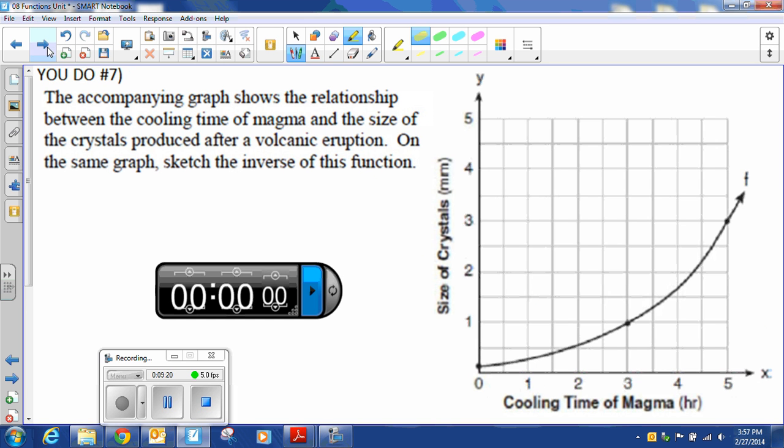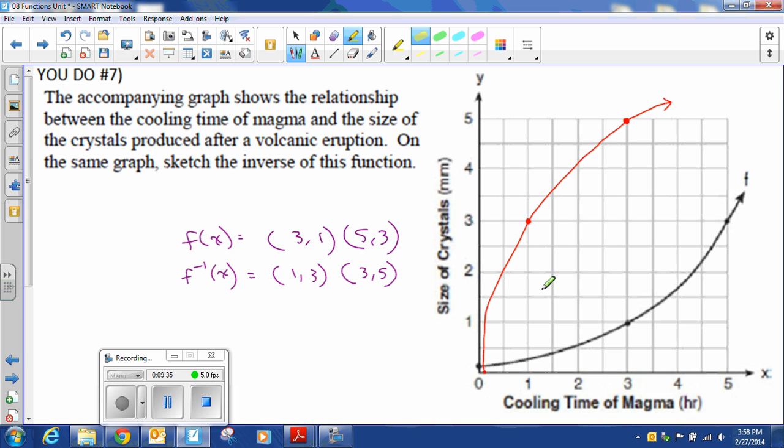Finally, number 7. We have a graph, and we want to basically sketch the inverse of this function. So what I've done over here is I've gone ahead and identified what the ordered pairs are. Here's an ordered pair, here's an ordered pair. There's actually another one over here that I didn't find until later. But this ordered pair is 3, 1.